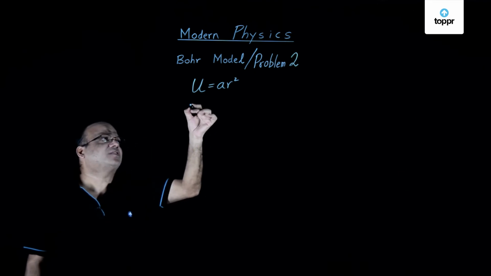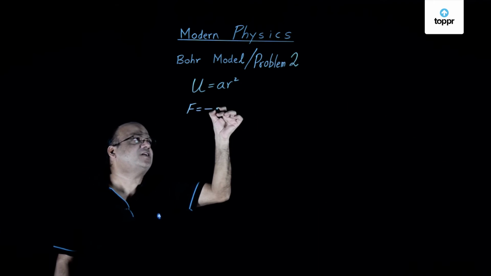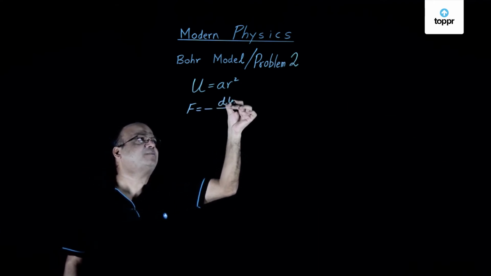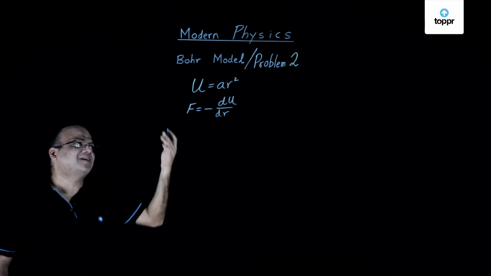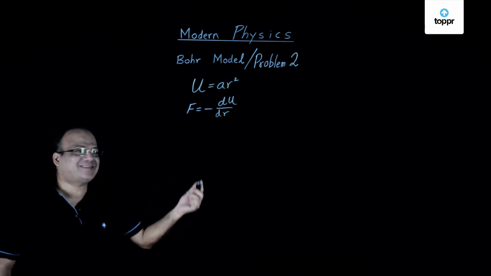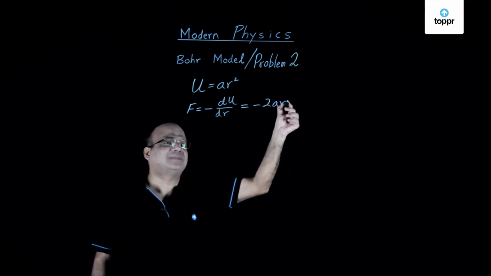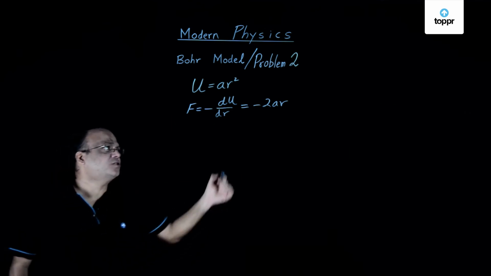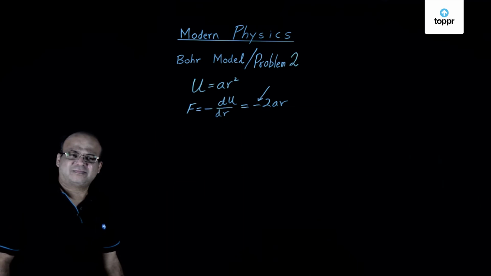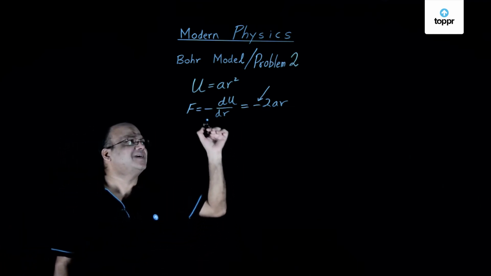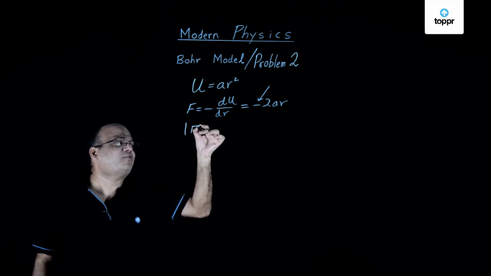To get force in this kind of situation, just differentiate potential energy with respect to R and put a minus sign. So what will you get? Very easy differentiation, all of you know this. This will be minus 2AR. This minus sign shows that the force is attractive, and this force provides the necessary centripetal force.